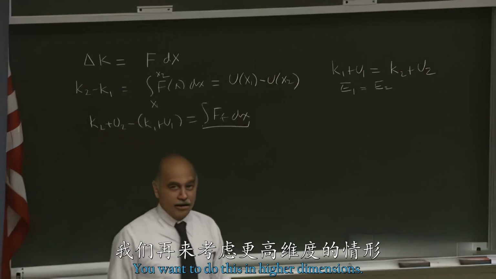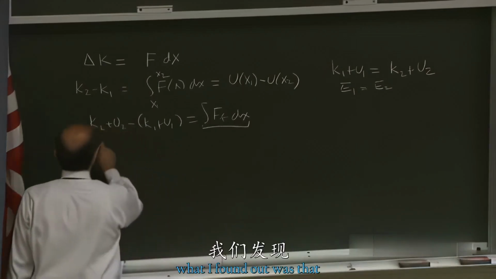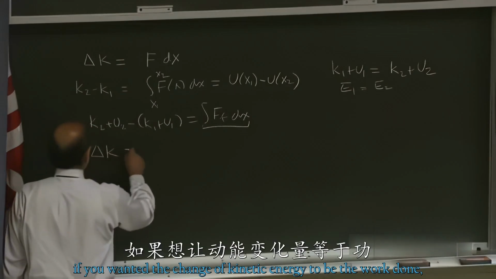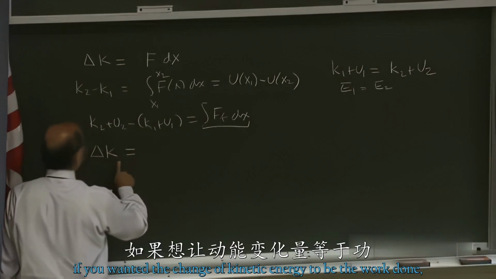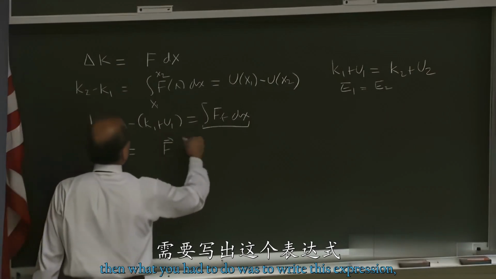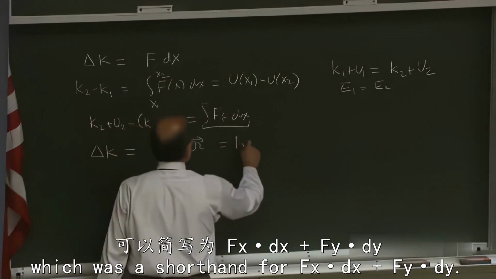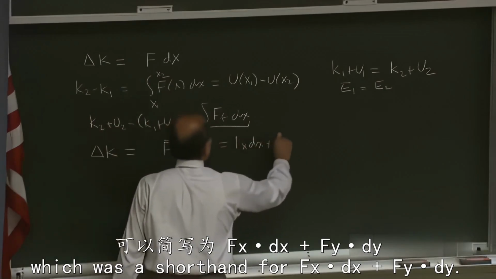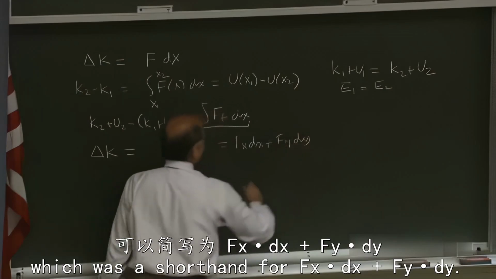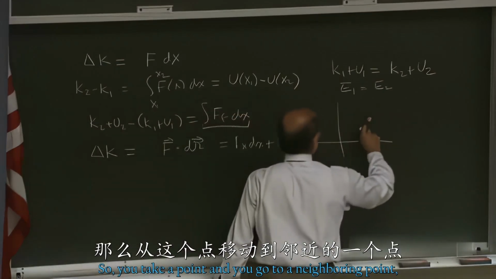You want to do this in higher dimensions. In higher dimensions, what I found out was that if you wanted the change of kinetic energy to be the work done, then what you had to do was to write this expression, which was a shorthand for Fx dx plus Fy dy. So you take a point and you go to a neighboring point.